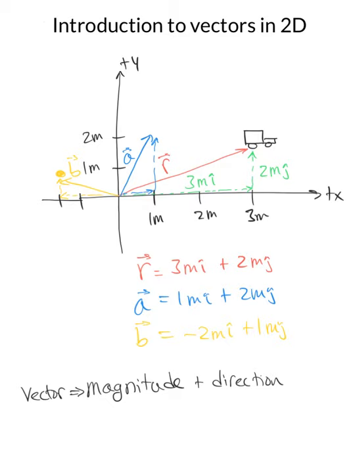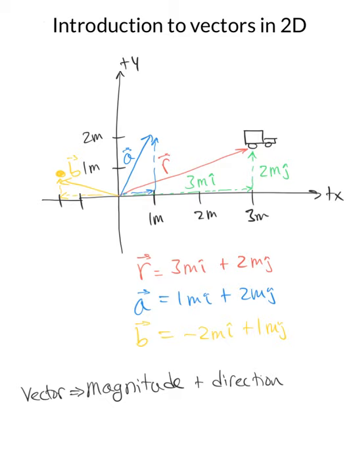Now, I don't explicitly see a magnitude or a direction in these vectors that I've written, right? This 3 meters i hat and 2 meters j hat tells me where I need to go, and it uniquely describes this red vector that points from the origin to my truck. But I don't know the length of that vector immediately from this. But luckily for us, all of that information is stored in there. It's just not immediately obvious.